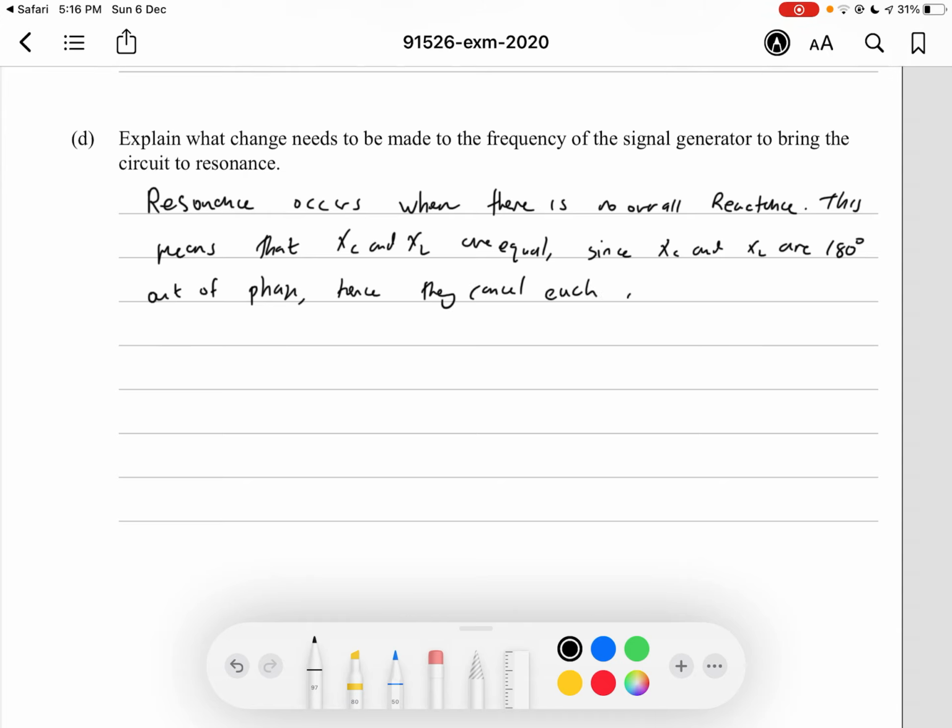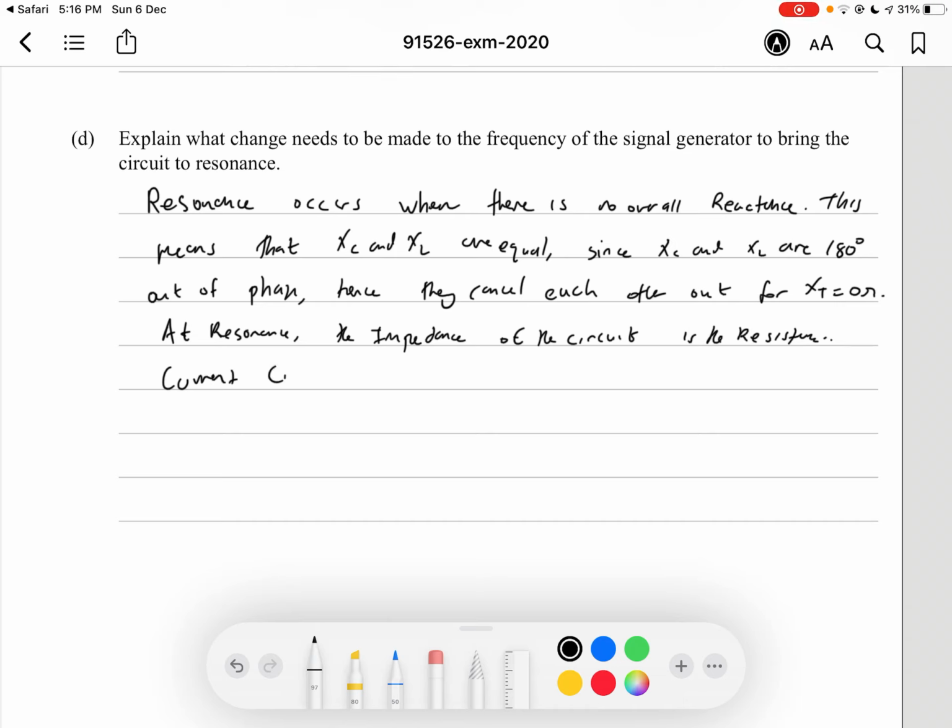Hence they cancel each other out, for X total equals 0. Seeing as they're at resonance, you can say that the current is at the maximum. So you can say current RMS is at the maximum.